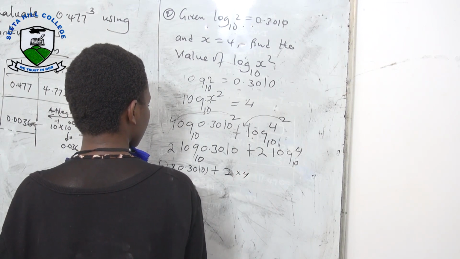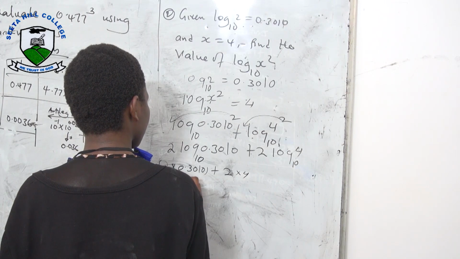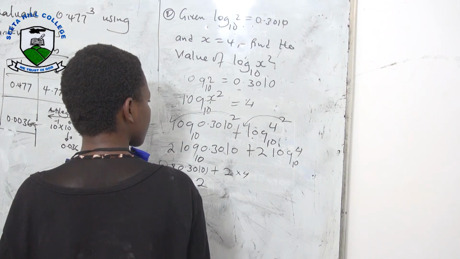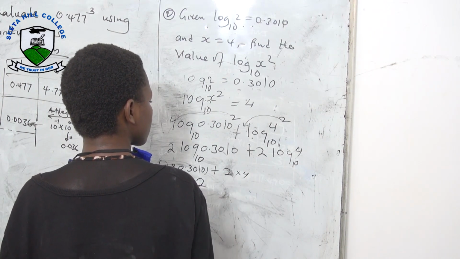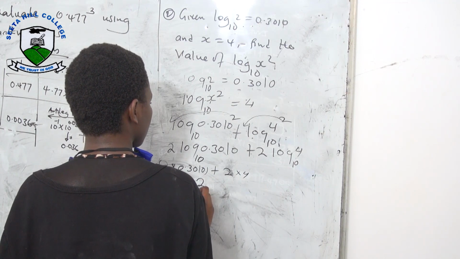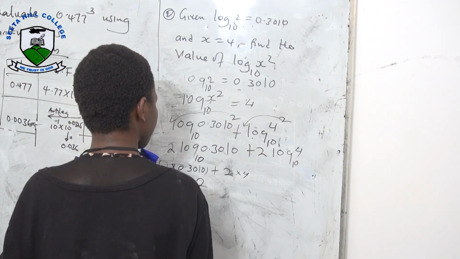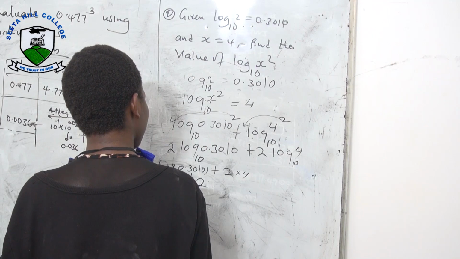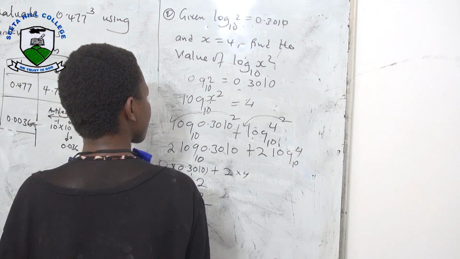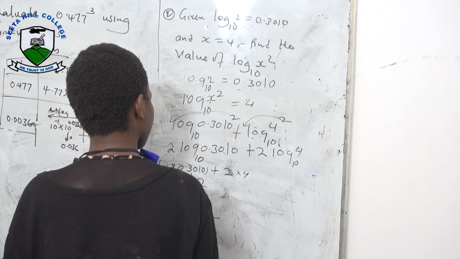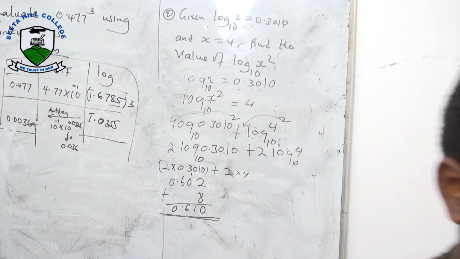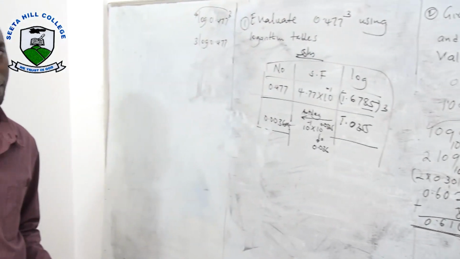It will give you 0.602. Then here, this 8. Here it will be 10. We shall carry the 1 here. That's what I got. Yeah, thank you very, very much for being confident and courageous.